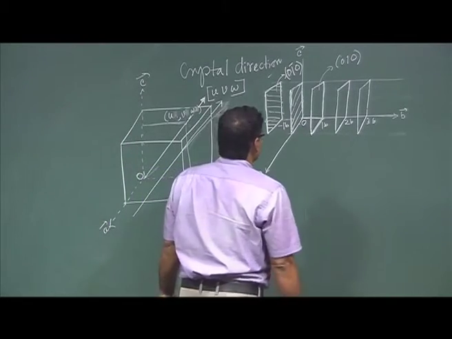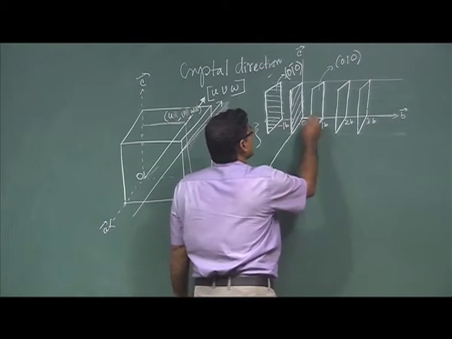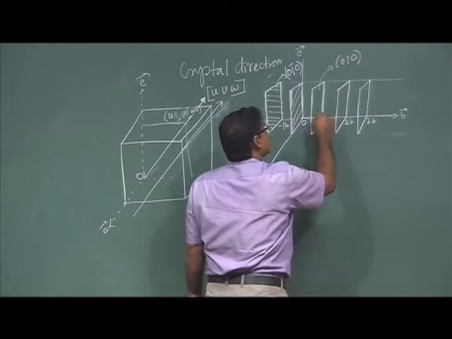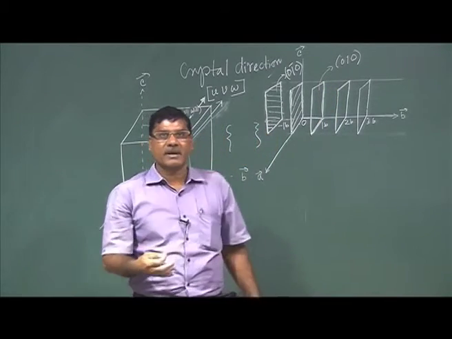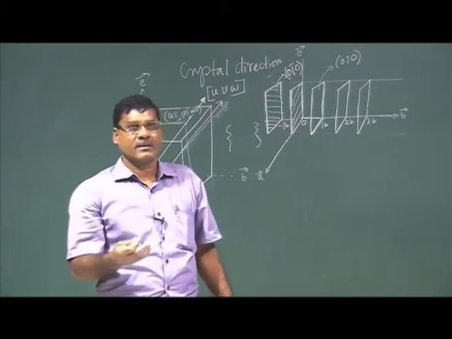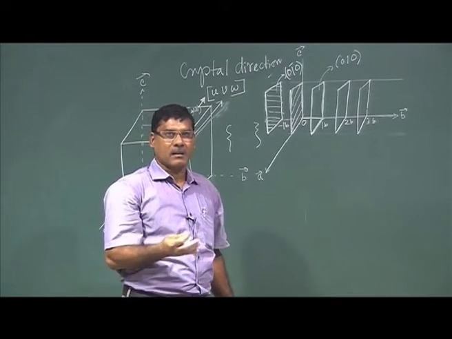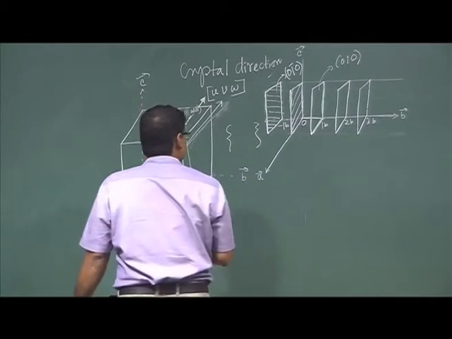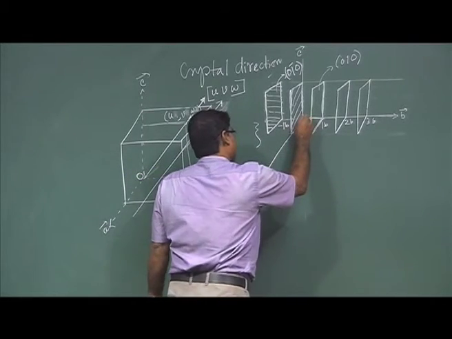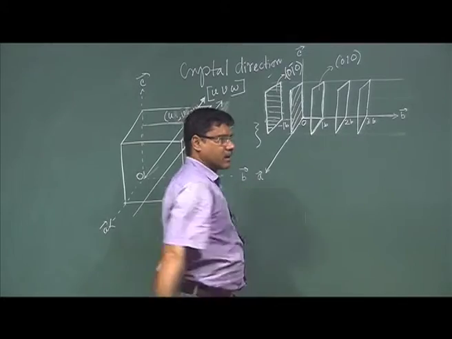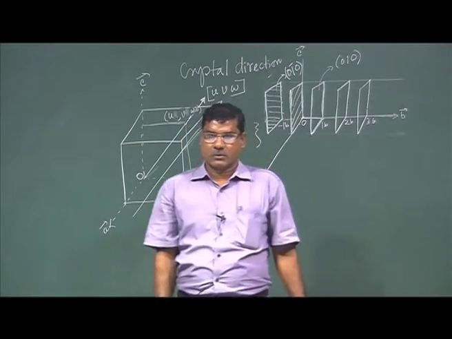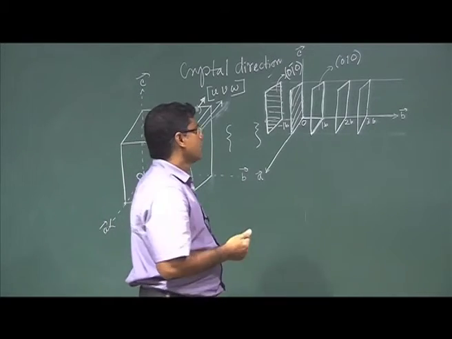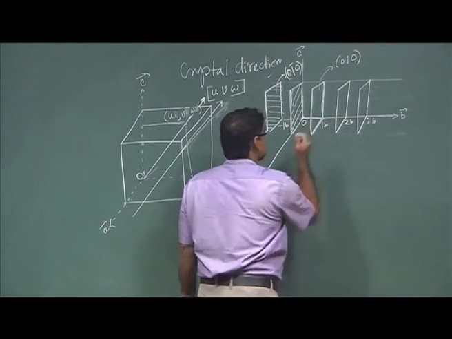Now, if I want to find out the direction of a crystal plane, you know, it is represented by the direction of the normal of that plane from the origin, okay. So, if you draw the normal to a plane from the origin, the direction of that normal is basically the direction of the plane. Okay.